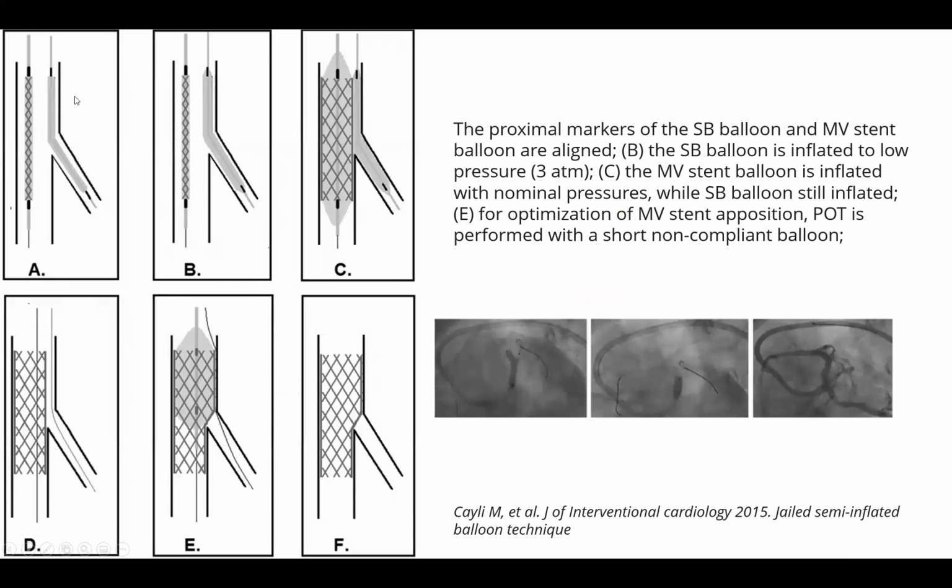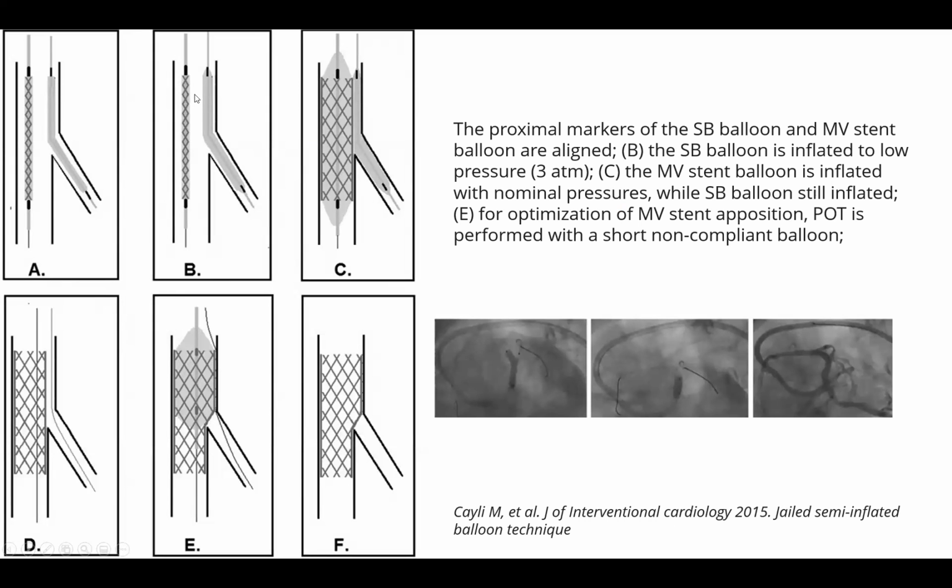So a Turkish group and then a Chinese group started to use this technique where, okay, you position your main branch stent and you don't just wire the side branch, you position a balloon in that side branch. You can predilate that side branch.